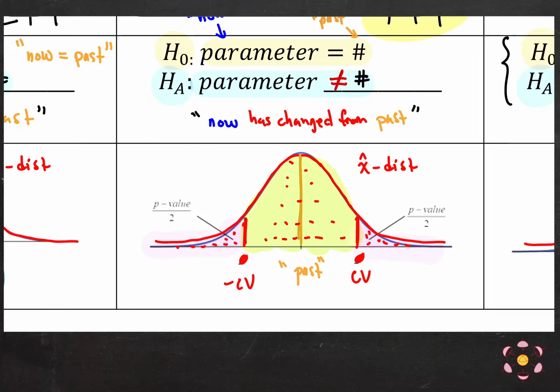If our sample x hat comes from this extreme left over here, that means it actually did change, and it's probably way more likely that the middle is somewhere down here. It's much smaller. If our sample comes from over here, that is giving us statistical evidence that it changed and it got bigger. So with two-tailed tests, we don't really care whether it's bigger or smaller. We just want to know if it's different.